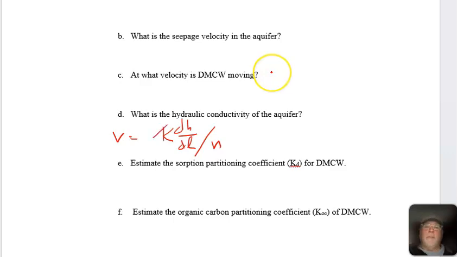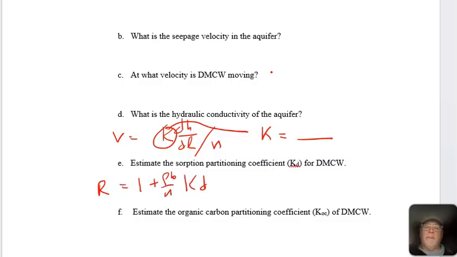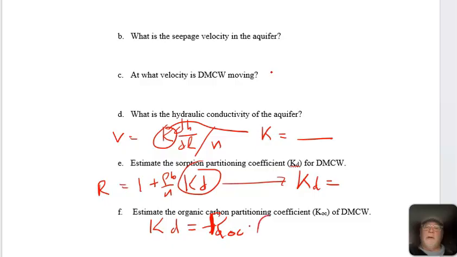So from that, everything else is known, solve for K. And if we have the retardation factor equals 1 plus the bulk density over the porosity times Kd, then we can solve for Kd, and then we know that Kd is estimated from Koc times foc. So we should be able to solve for Koc.